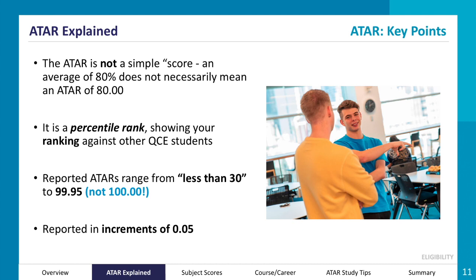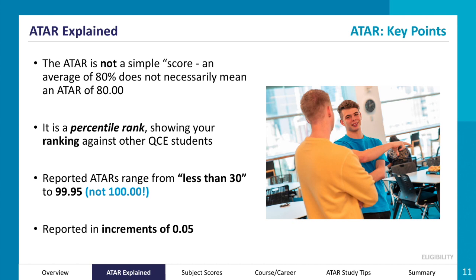So the scale you're looking at is from less than 30 on one hand, all the way up to 99.95 on the other hand. And those ATARs go up and down in increments of 0.05. So the highest you can get is 99.95, then goes down to 99.9, 99.85, 99.8, all the way down to less than 30.